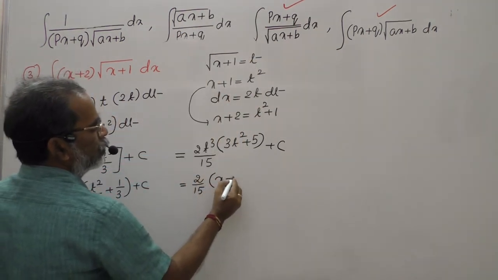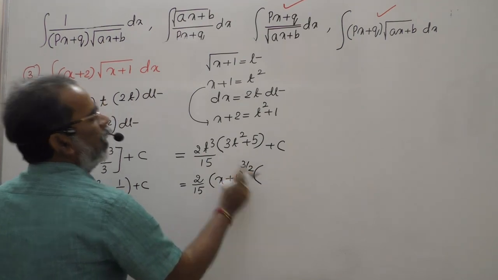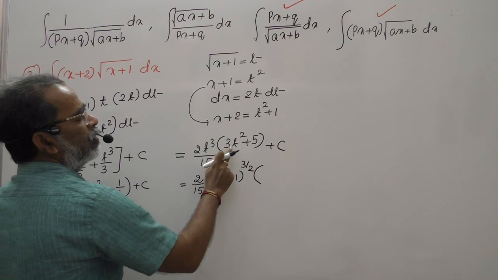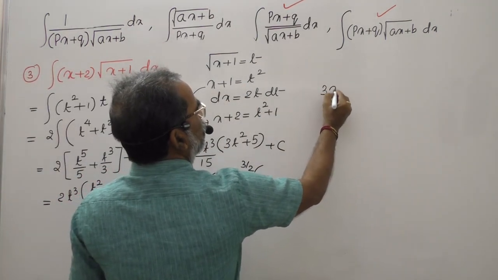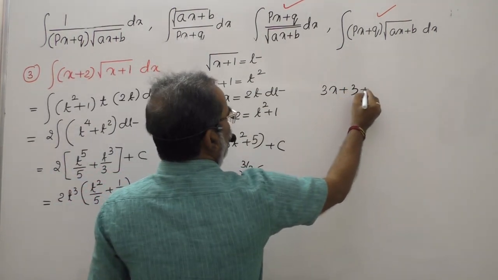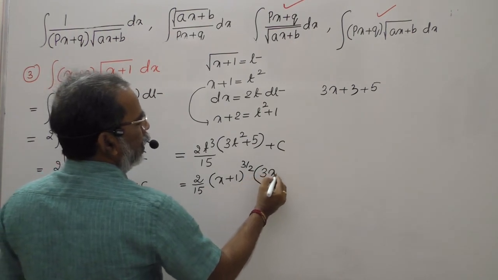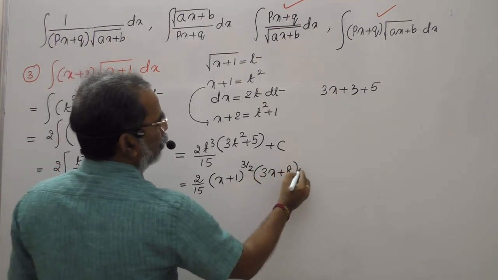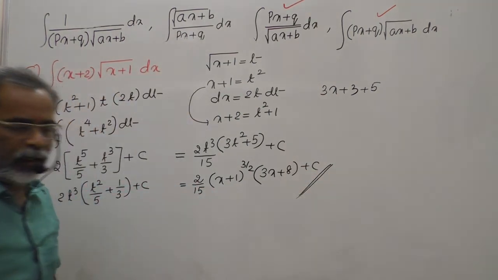Therefore, it is (x plus 1) whole power 3 by 2. And what about this factor 3t square? This is t square. 3t square means 3x plus 3. Plus 5 is there, no? Plus 5. What this factor becomes? 3x plus 8 plus c. That's all. This is the answer.